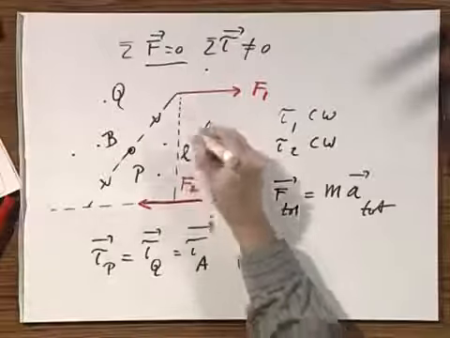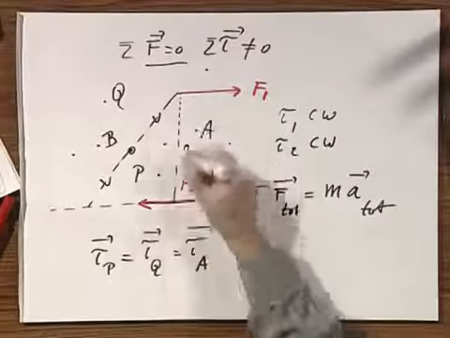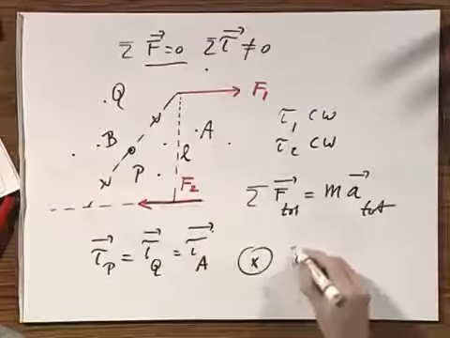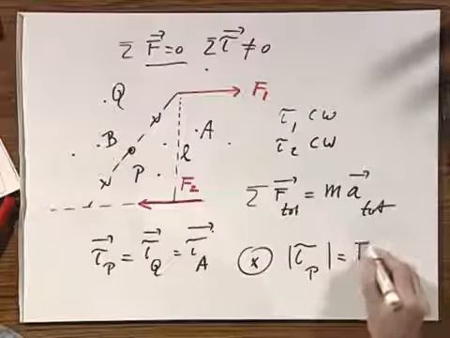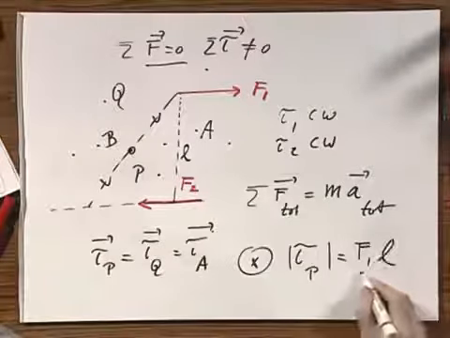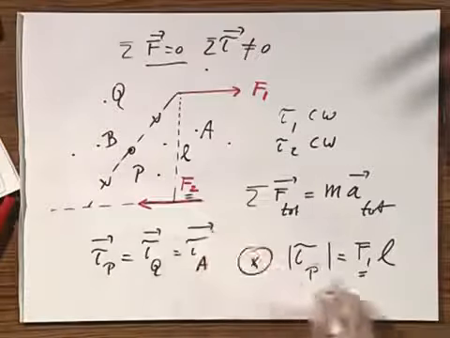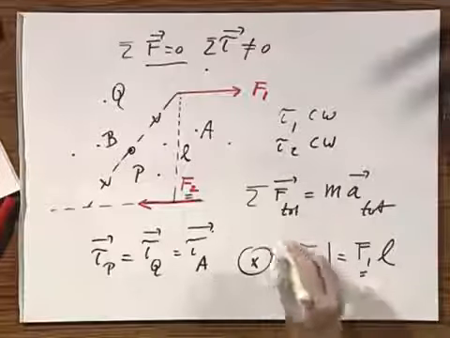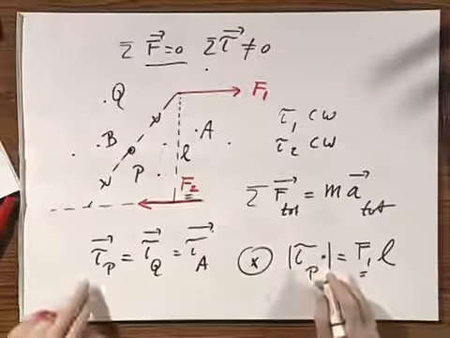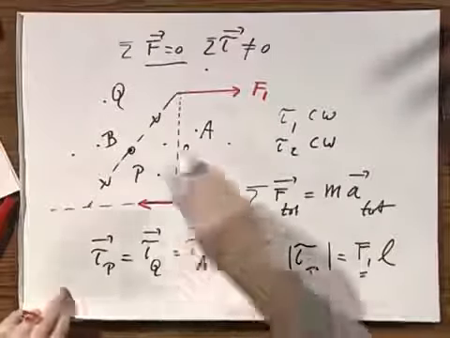If I call this separation between the two L, then the magnitude of that torque, no matter which one you take, would be F1 times L, but F1 of course also in magnitude is the same as F2. So that's a very special case. Torques are key in rotation, and we will see several examples of that today.